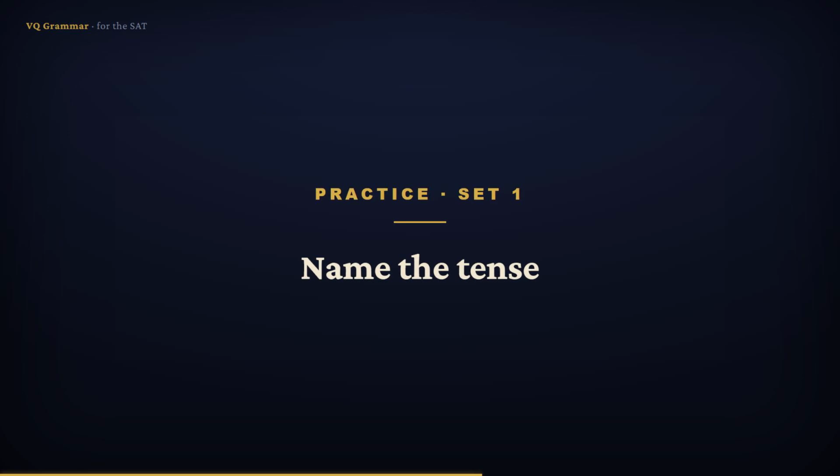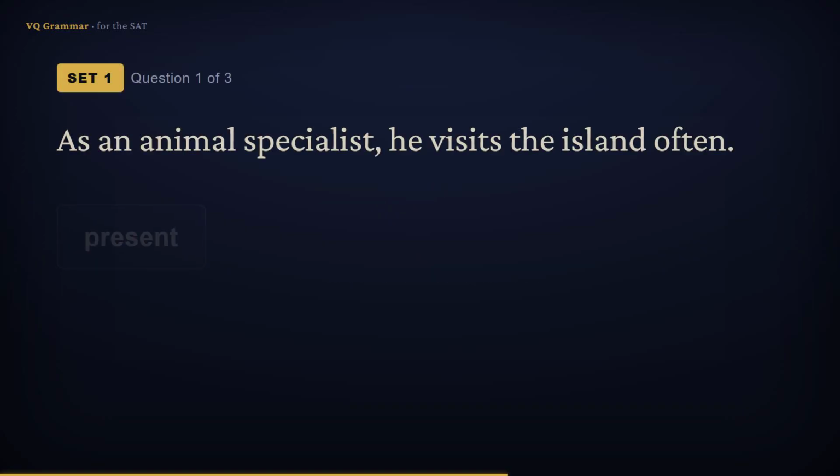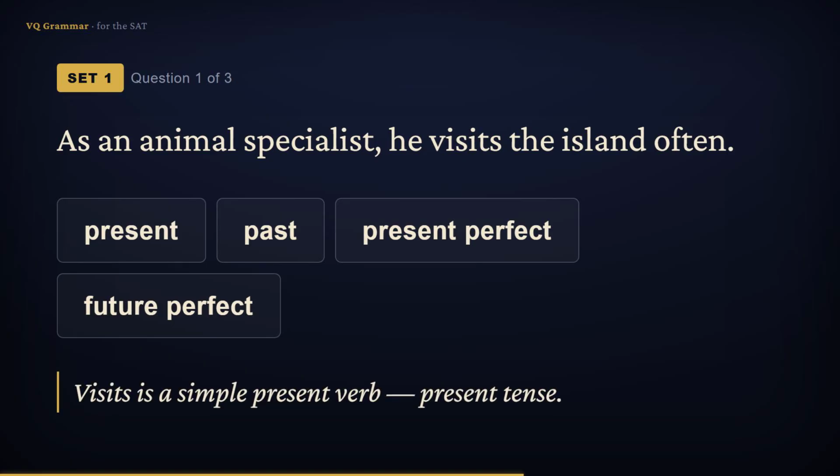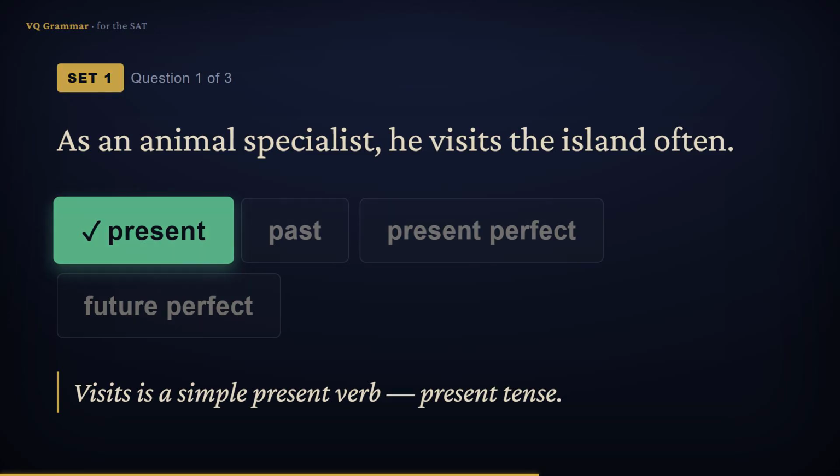Let's practice. Name the tense of each verb. Look for a form of have first, then the time. Pause and try before I answer. As an animal specialist, he visits the island often. Visits is a simple present verb, no helper, just the S form. So it's present tense.